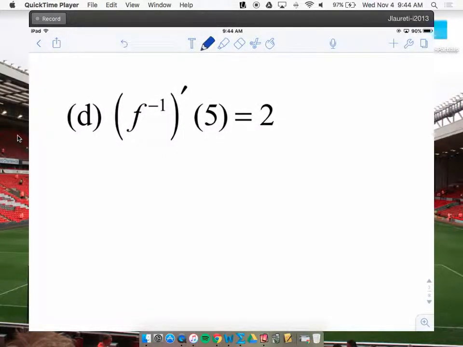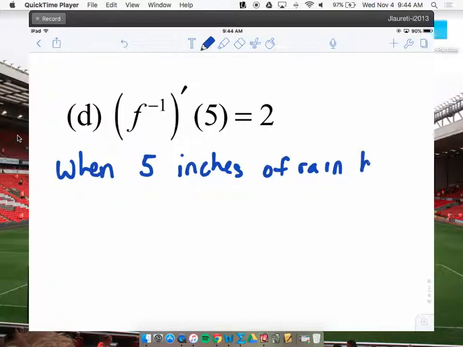Right, now you're just going to switch it around. So what does the 5 represent here? Which is rain, right? So when 5 inches of rain have fallen, what is the 2 going to represent? Hours, right? So that's talking about time.